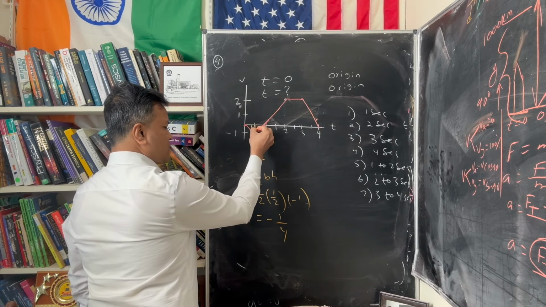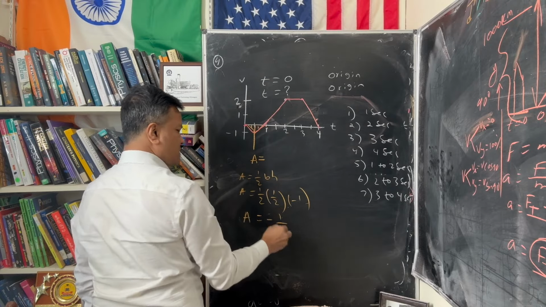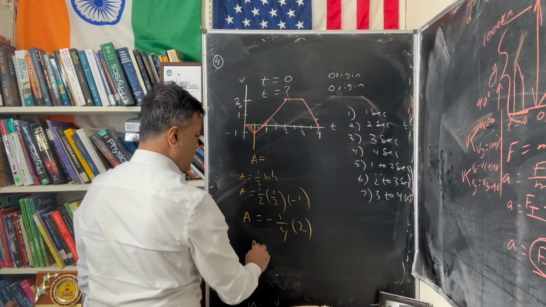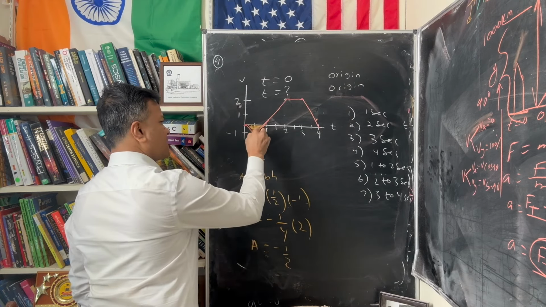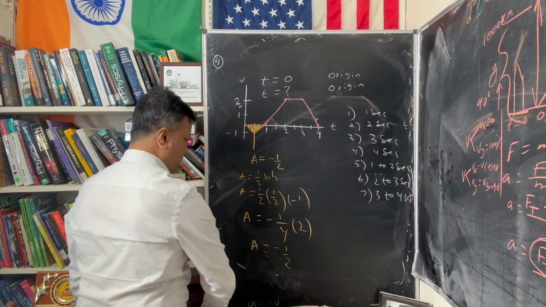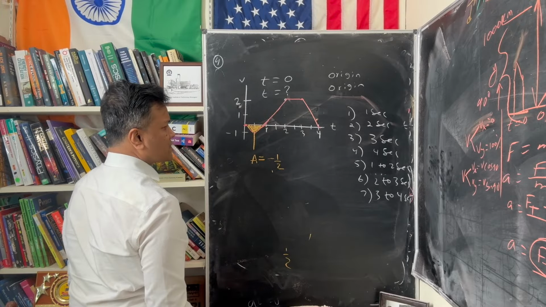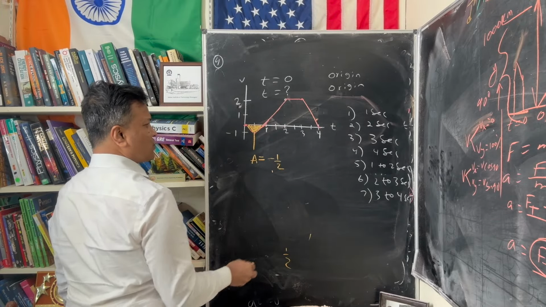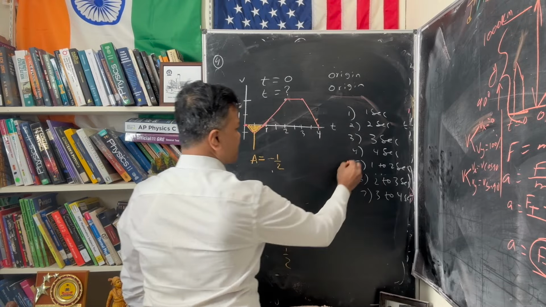So the total area would be twice this one, so the area would be negative half. So area here is negative half. So how is that going to help you find it? The answer is the object returns to origin between 1 to 2 seconds.